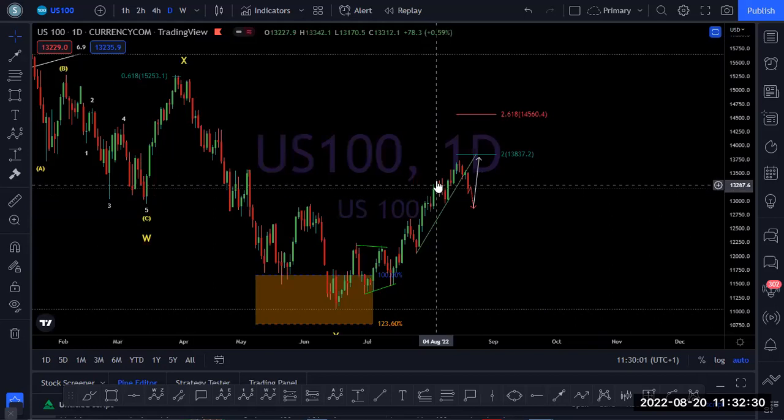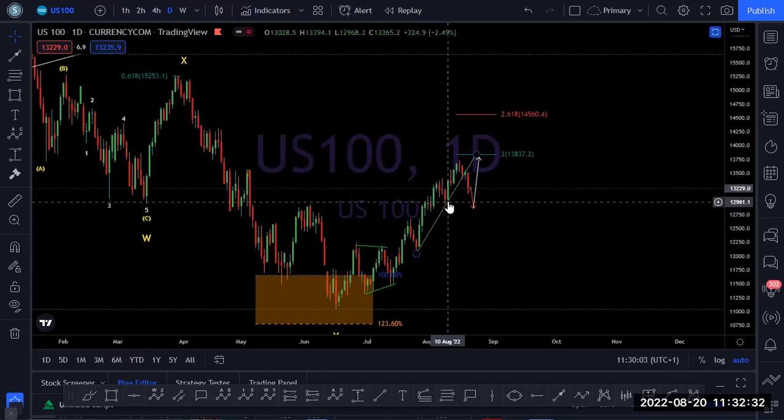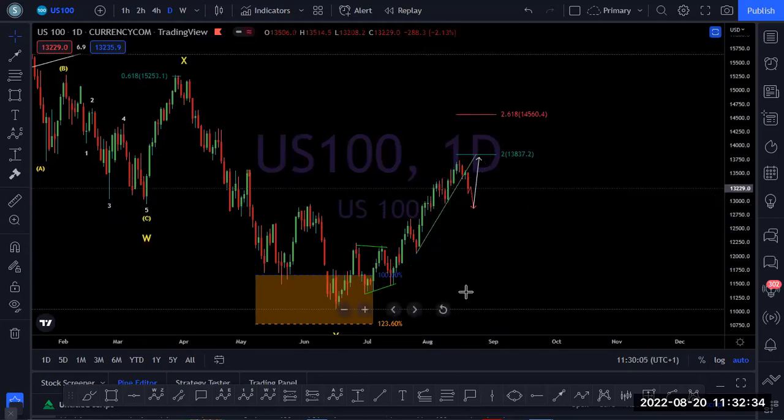It went far above a normal ABC. So now, what are we expecting? Simple. This is 1. This is 2. This is 3. Then 4. We end anywhere here. Then 5. And after that 5, we begin to check whether we will have a new low or not.